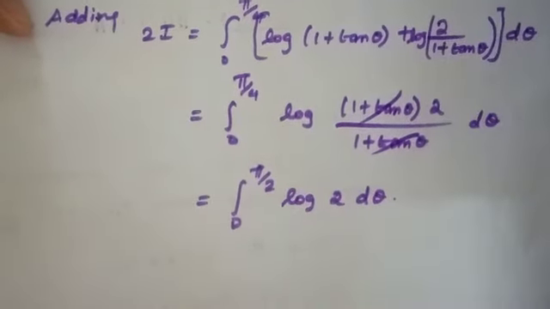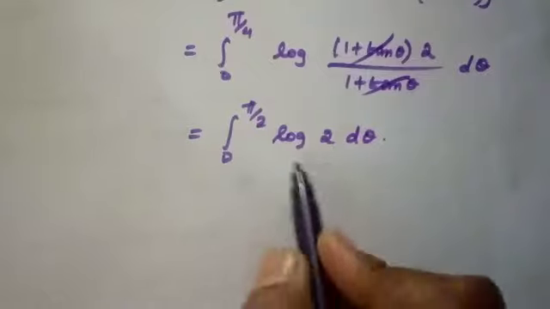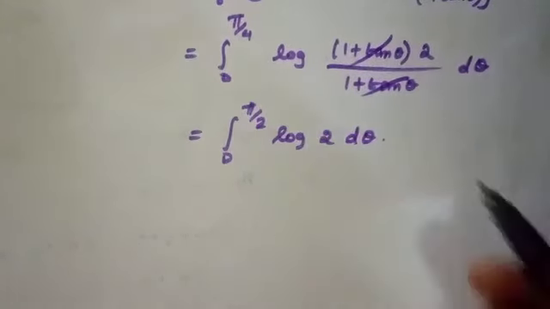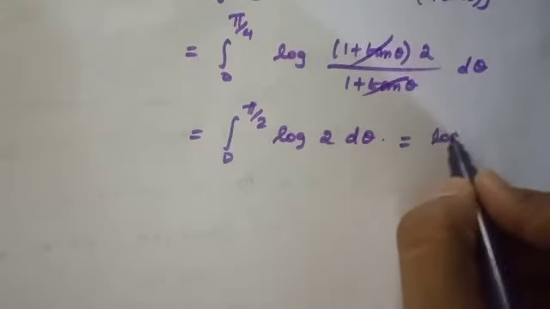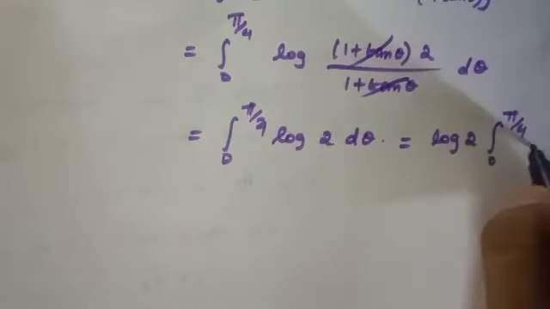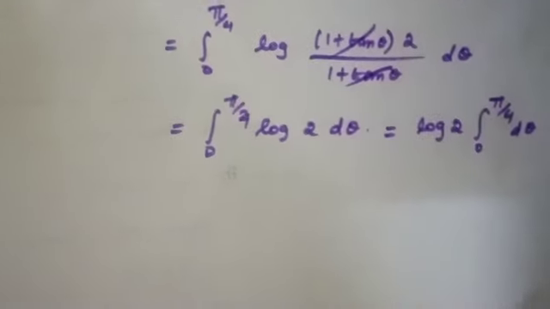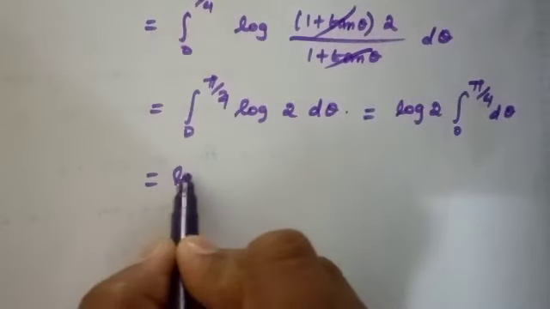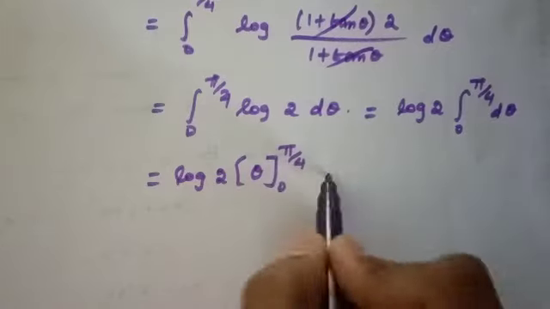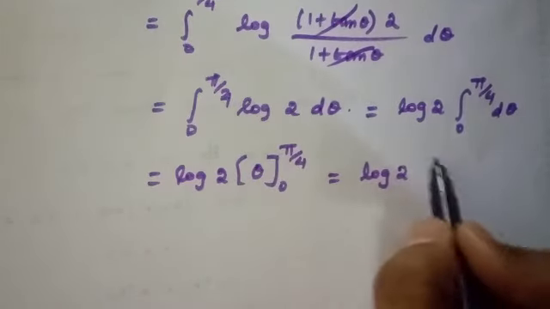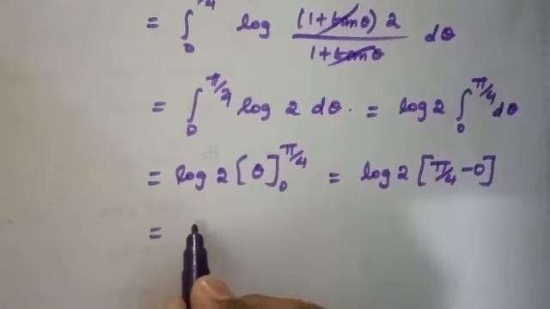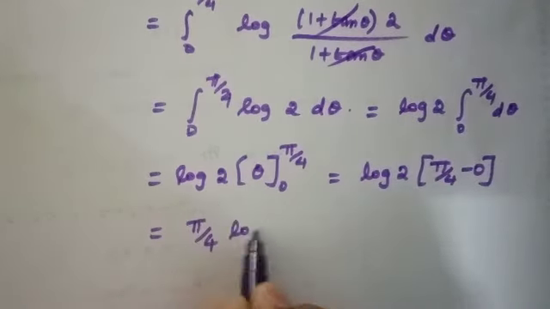Log 2 is a constant term, so you can take it outside. So log 2 times the integral over 0 to pi by 4 of d theta. The integral of d theta is theta, so log 2 times theta over the limits 0 to pi by 4. You will get log 2 times pi by 4 minus 0, which is equal to pi by 4 into log 2.